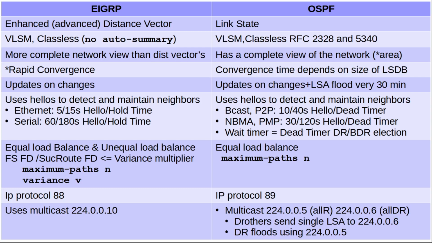Remember that equal load balance means using several paths that offer the same metric to a destination. If you allow that, you can load balance packets sent to the same destination across different paths. EIGRP also supports unequal load balance.